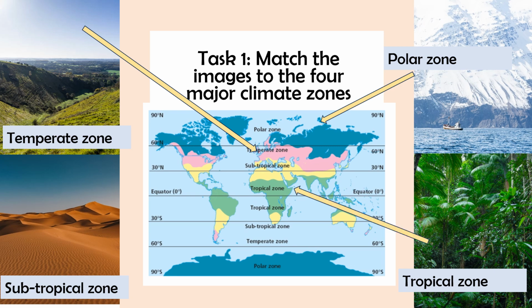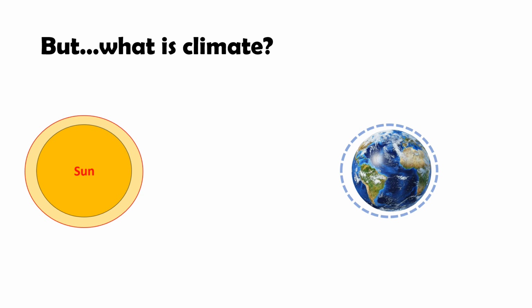And then you have the tropical zone here, between the 2 tropics. Remember, lines of latitude are very significant here. And of course you've got the subtropical zone. How did you do?